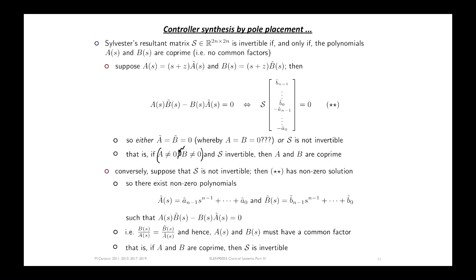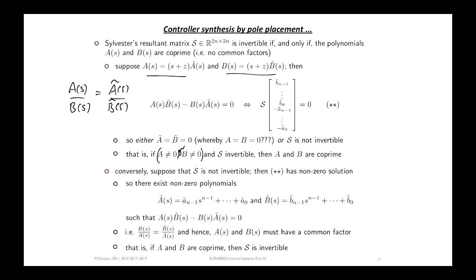So where does that equation come from? Well, it comes from the fact that if this is true and this is true, then A(S) on B(S) will equal A tilde(S) on B tilde(S), right? Because when you do A on B, those factors just cancel out, leaving you with A tilde on B tilde.